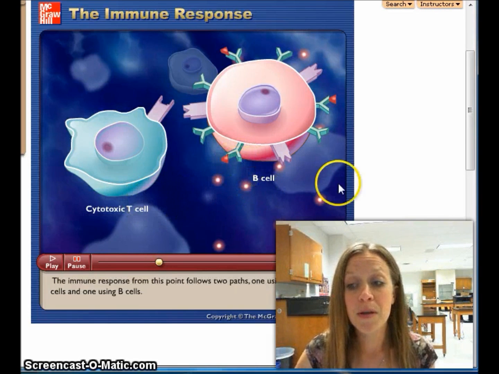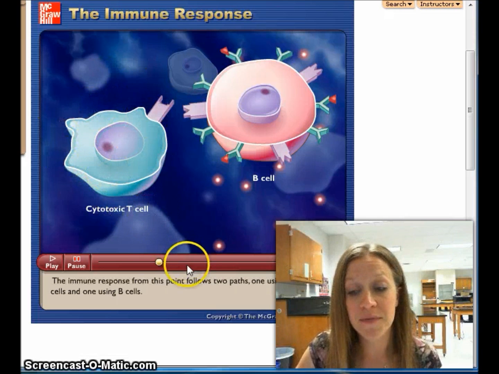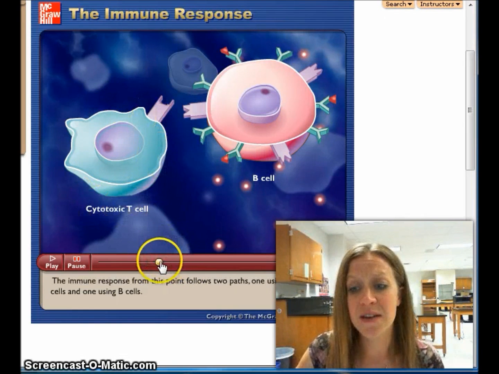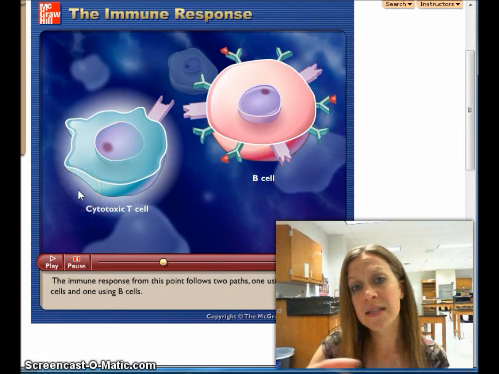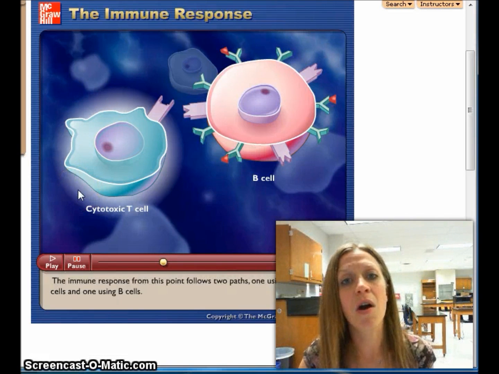And if you remember, the B cells are part of the humoral defense and T cells are part of the cell-mediated defense. And so let's first talk about cell-mediated defense. What happens there is now that the helper T cell told it, it now knows that that pathogen is in our body.